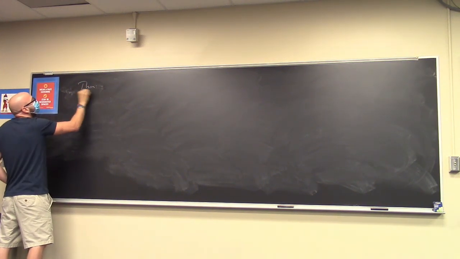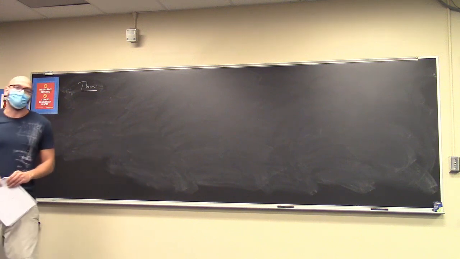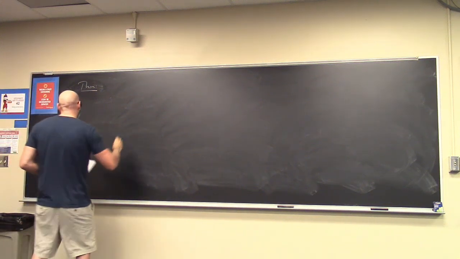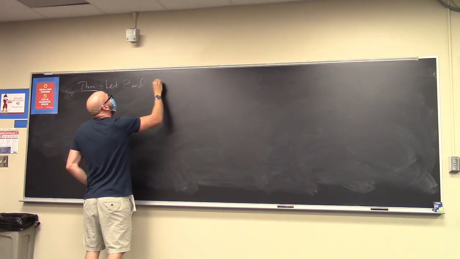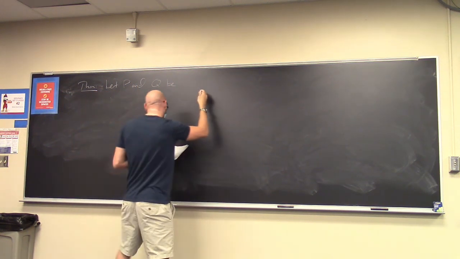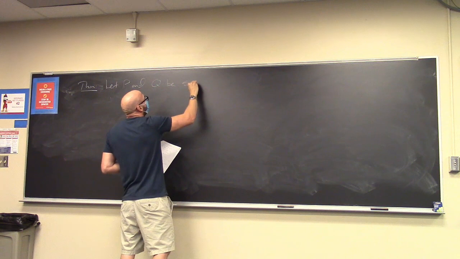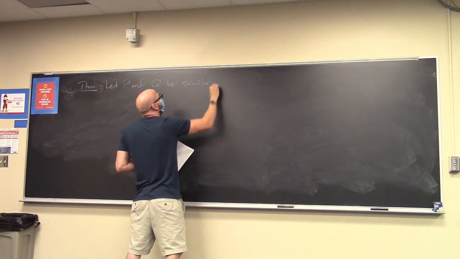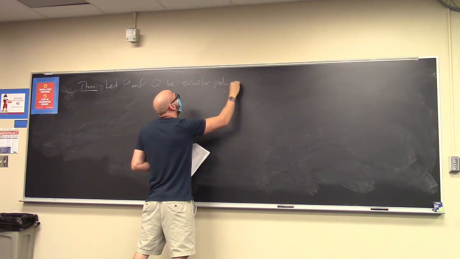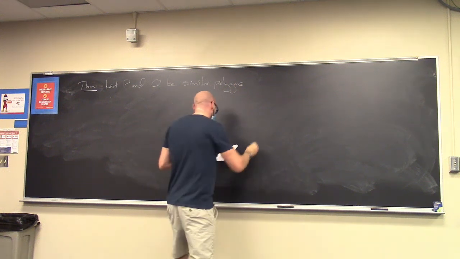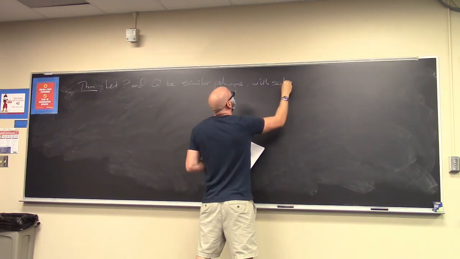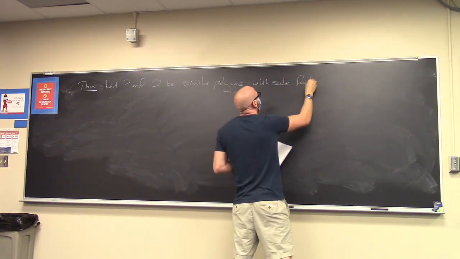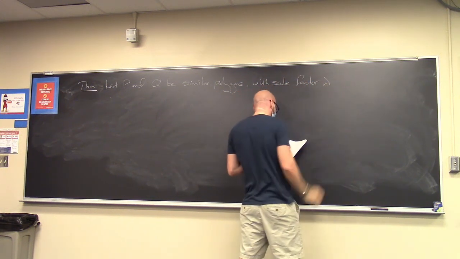It's a theorem. I just won't provide a proof. But here's a theorem. Let P and Q be two similar polygons. Let these be similar polygons with scale factor lambda.